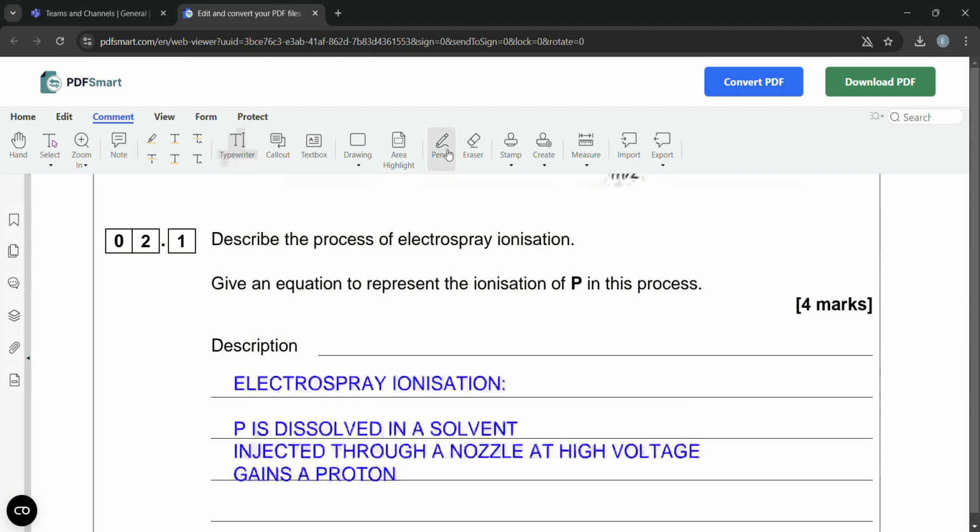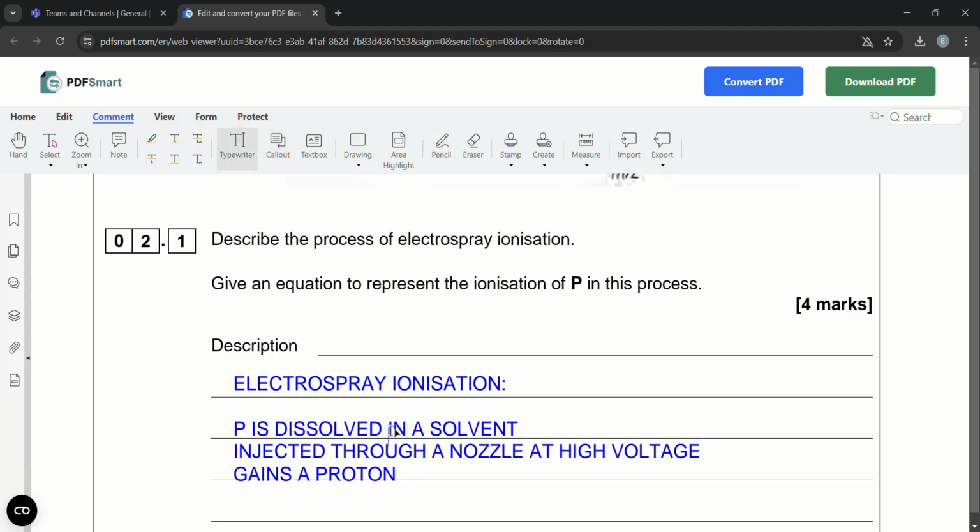So, in electrospray ionization, P is dissolved, added to a solvent, injected through a nozzle.